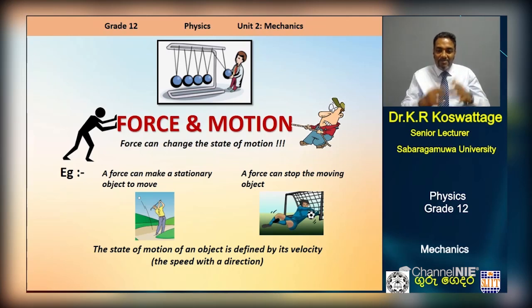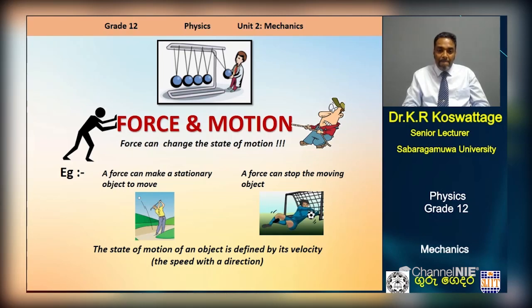So we can use force to accelerate an object and also decelerate an object. Here you can clearly understand force can be used to change the state of motion: a stationary object to move, a moving object to stop, change the direction of a moving object of course, and then speed up the motion and slow down the motion.